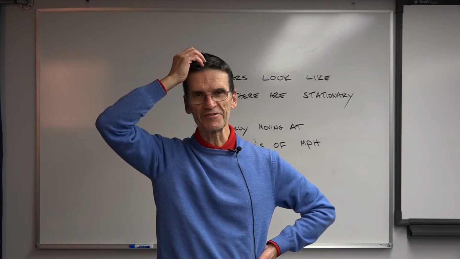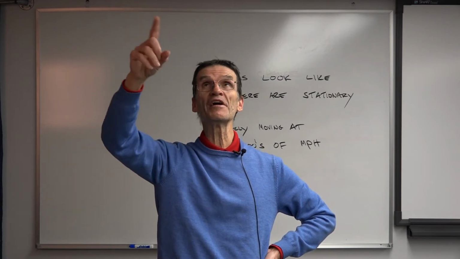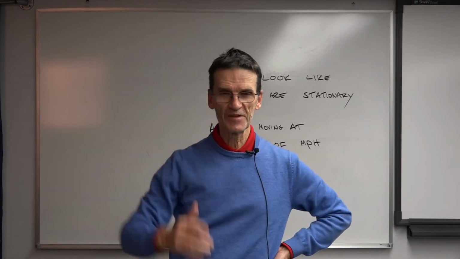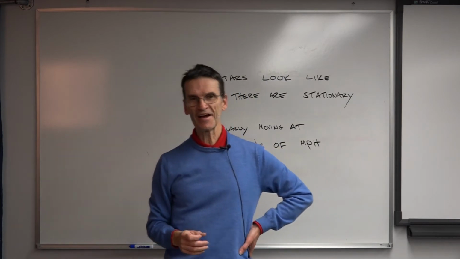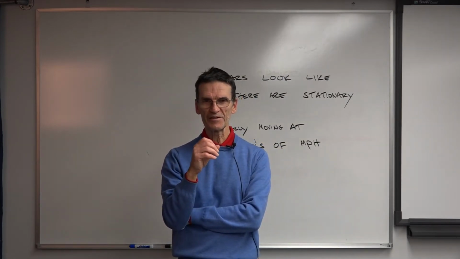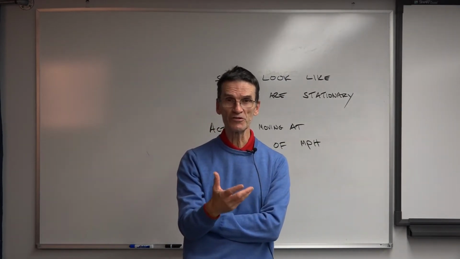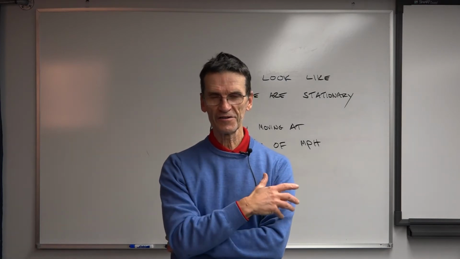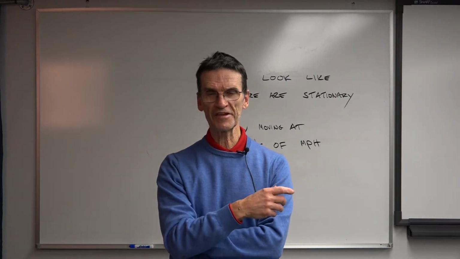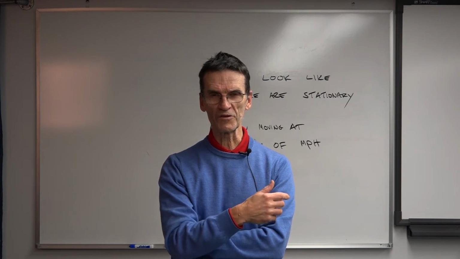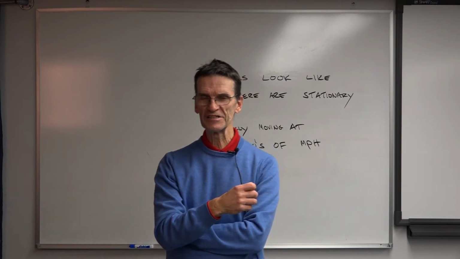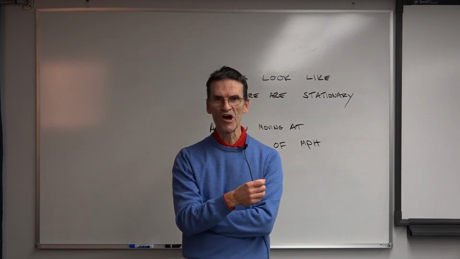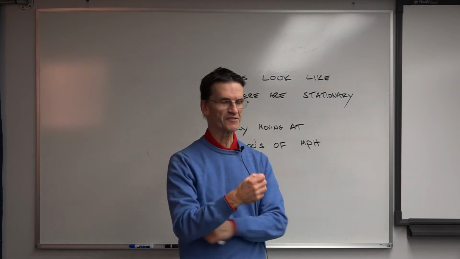But it's weird because you say, doesn't look like that to me. I'm just pointing, just standing there. Yeah, but just like the sky looking blue is an illusion, stars looking like they're stationary, that's also an illusion. Not due to atmospheric effects, but due to the great distance.